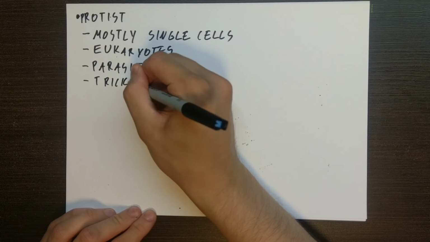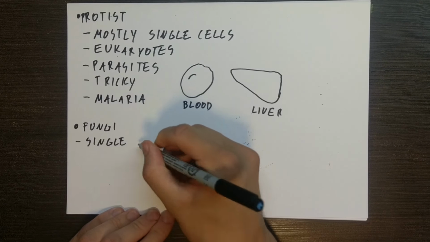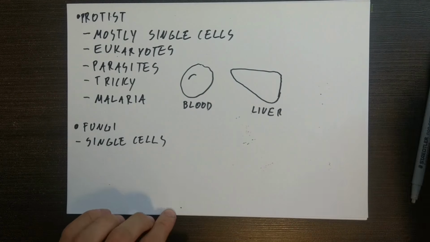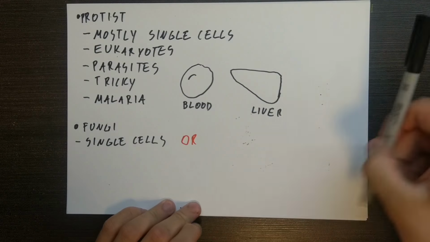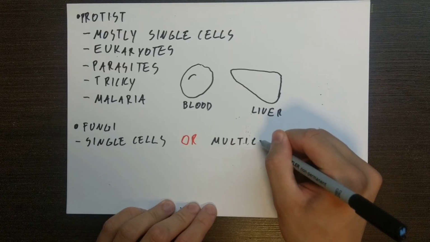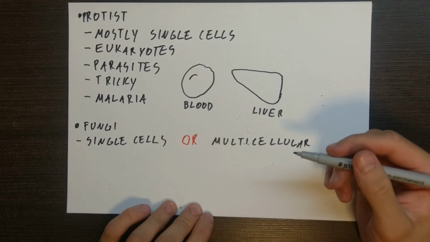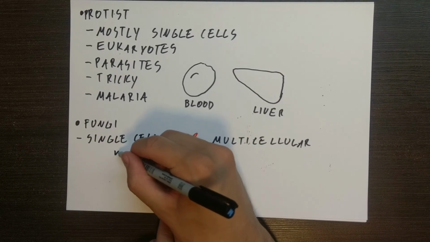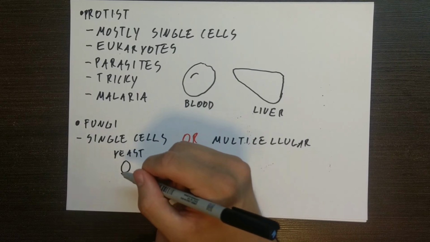Fungi can be single cells, or they can be multicellular. For example, one example of fungi is yeast, and yeast is a single cell.